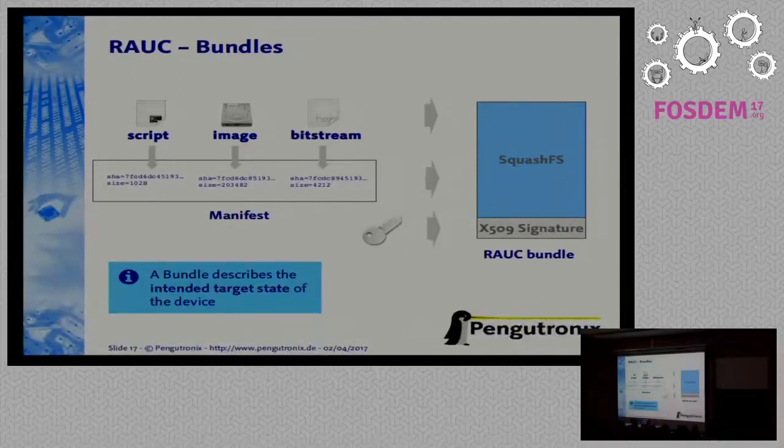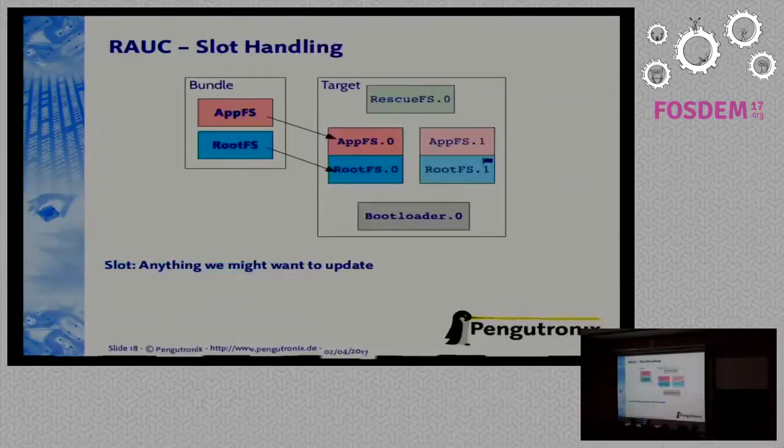The idea of a bundle is that the bundle describes the entire intended state the system should have after the update, and then the RAUC service takes care of how to achieve this. This is a bit about handling in RAUC everything that could be a target for installing something, which we called a slot.